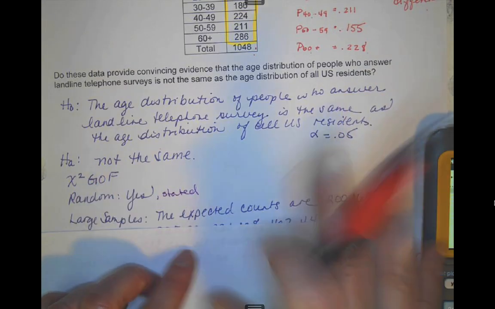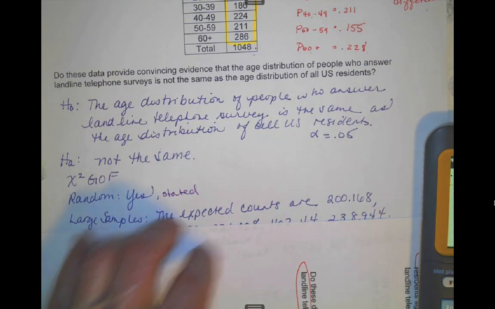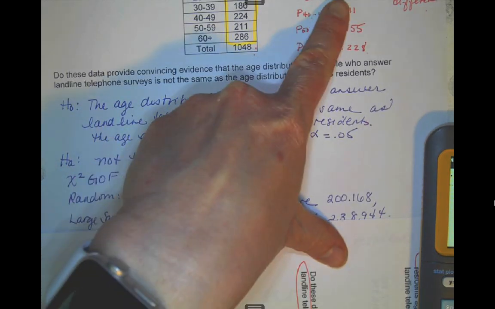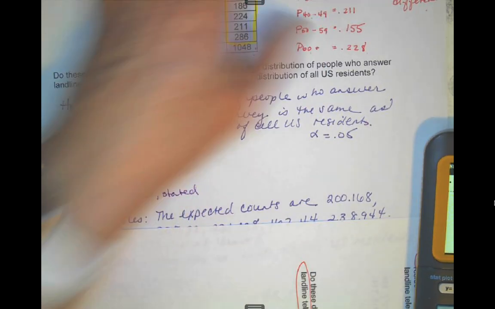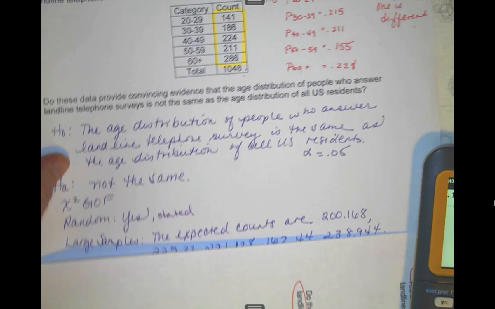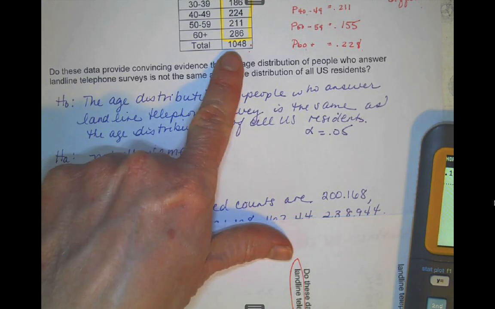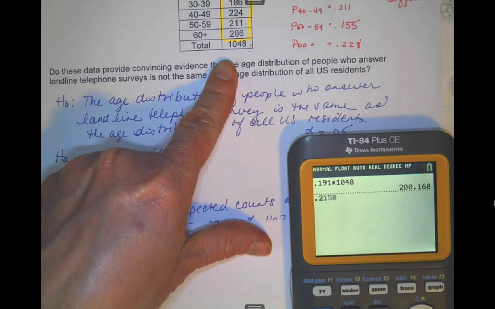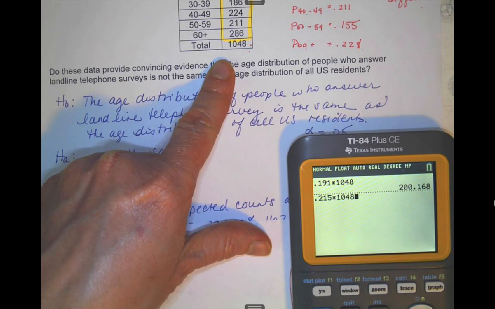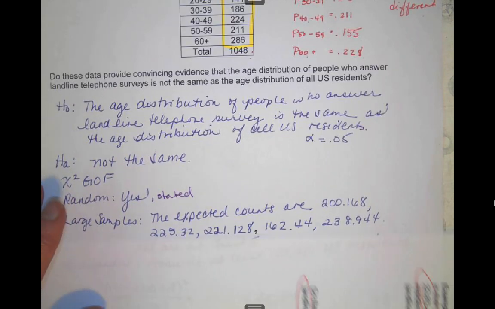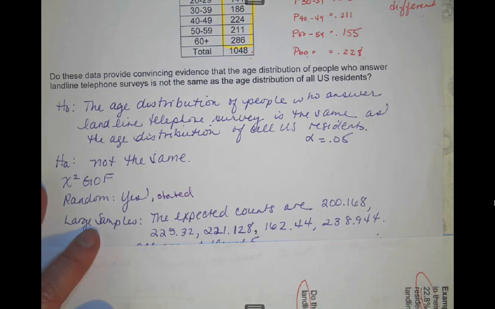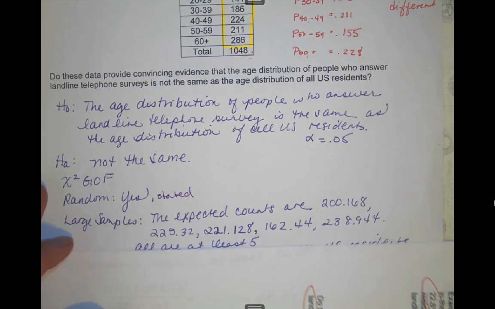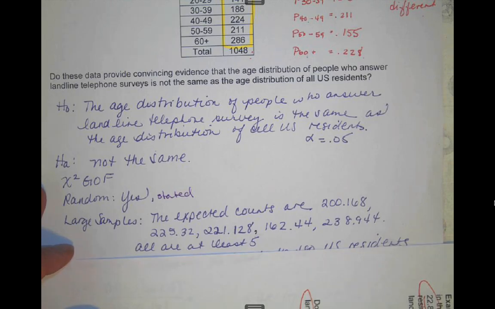This is just a small piece of this larger problem. So then the next one, I would take the next percentage, the 0.215, or 21.5%, and multiply that by the total. Then I'm going to keep doing that so I have all my expected counts here. Again, remember, they don't have to be whole numbers. They're just expected counts. All of those are at least 5.